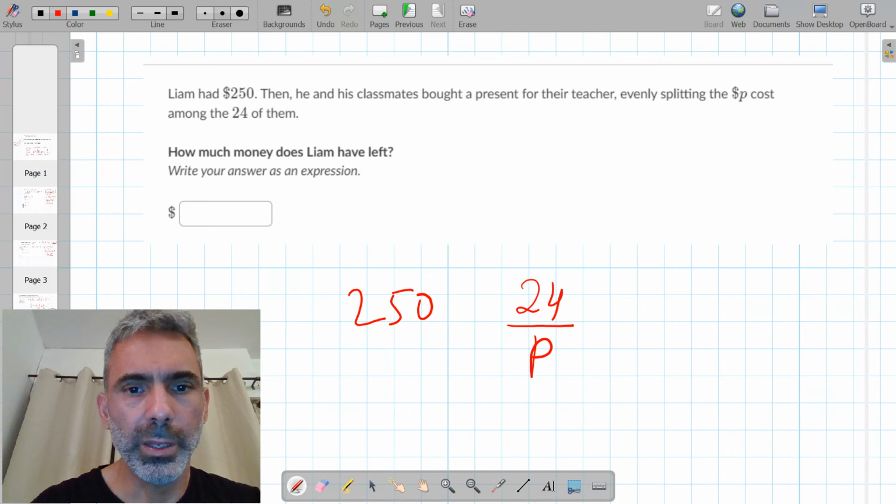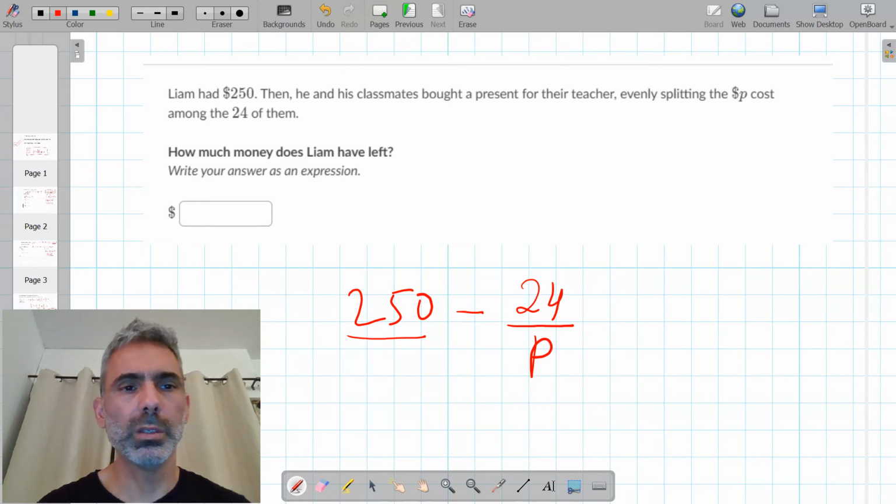So Liam had at the beginning $250, and then we need to subtract his part because he chipped in to buy the present. How much money does Liam have left? Write your answer as an expression. So 250 minus his share in the present.